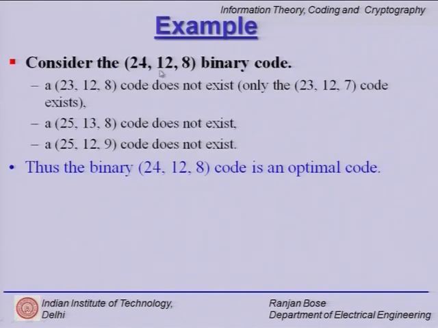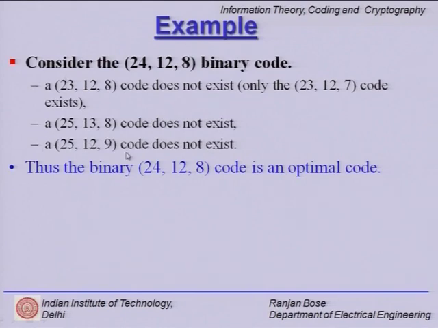For example, this (24, 12, 8) is a binary code which is optimal, because you can check that if you reduce n, you can disprove that a (23, 12, 8) code exists. If you increase it, (25, 13, 8) also does not exist, because 24 plus 1 is 25 and 12 plus 1 is 13. And with n plus 1 equal to 25, k equal to 12 and d* equal to 9, this code also does not exist.